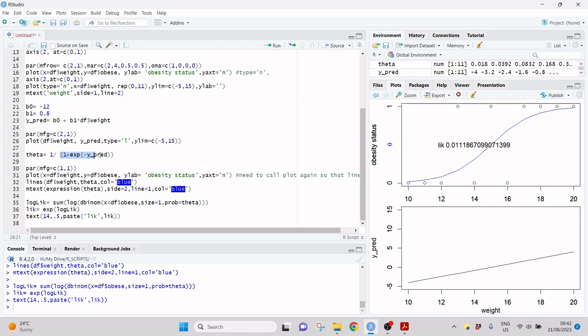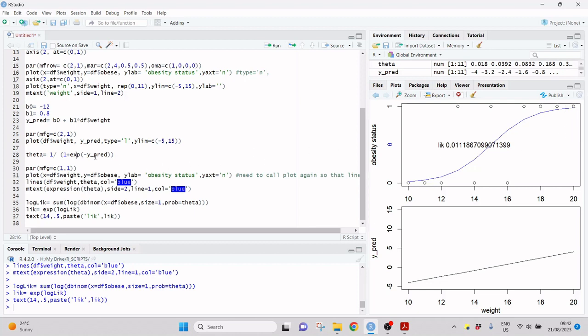Which means our denominator gets very high. 1 divided by something very high brings us close to 0. And on the other hand, if we put a very high value in here, e to the minus something very high is close to 0. So we have essentially 1 divided by 1, which is 1. So our upper bound is 1.